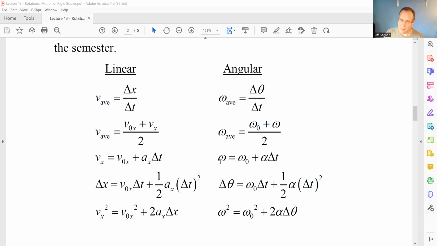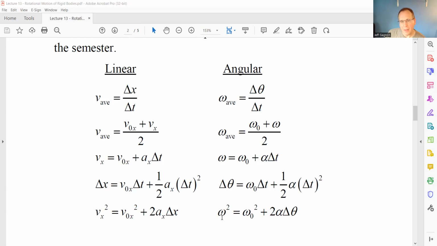If I write omega by itself, the final angular velocity is equal to the initial angular velocity plus the angular acceleration times delta t. That's analogous to this equation. If I want the angular displacement, it's equal to the initial angular velocity times delta t plus 1/2 angular acceleration times delta t squared. Again, that's analogous to what we had for the linear case.